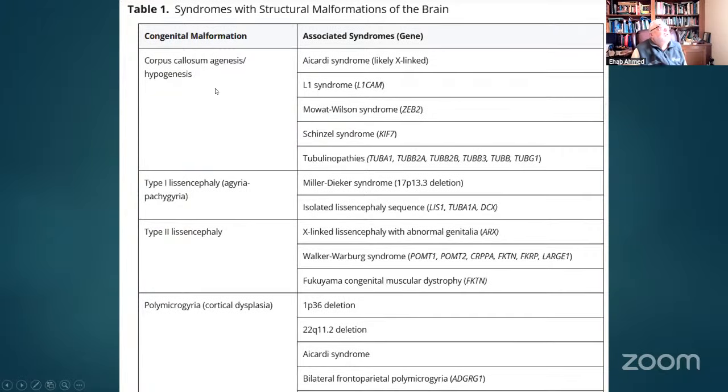The corpus callosum agenesis or hypogenesis could be associated with Aicardi syndrome or other syndromes. Type 1 lissencephaly, Miller-Dieker syndrome, isolated. You see, all these are genetics. Type 2 lissencephaly, some other syndromes like Walker-Warburg syndrome. Polymicrogyria, cortical dysplasia, other syndromes.